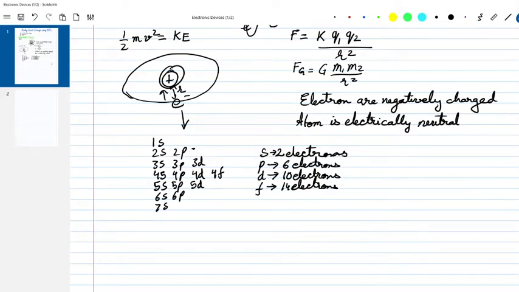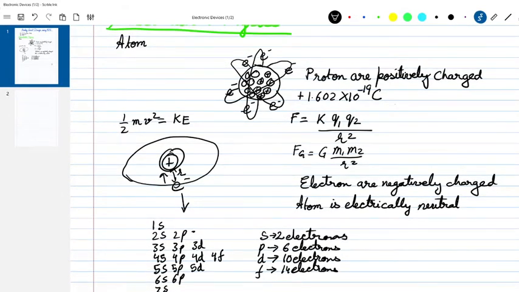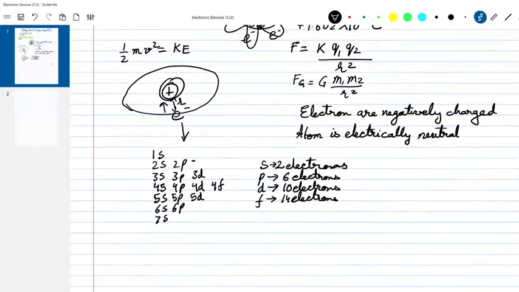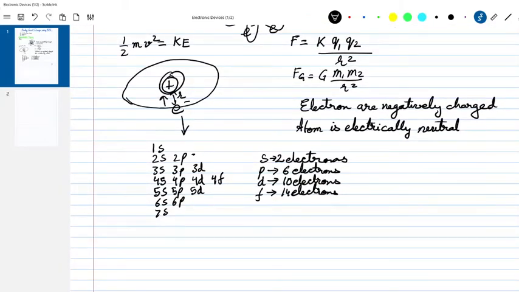Okay, so now the way you fill in these electrons. For example, this is a carbon atom which I have just shown. Carbon atom has 6 protons and 6 electrons, and these 6 electrons are going to fill in based on energy. They are going to start with the lowest energy, then the higher energy, then higher energy.